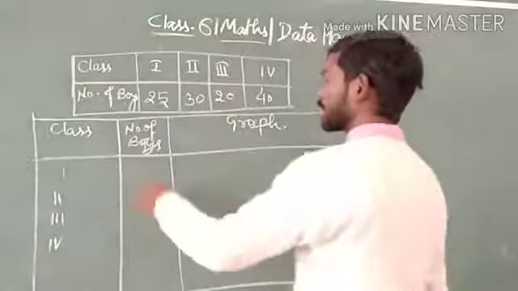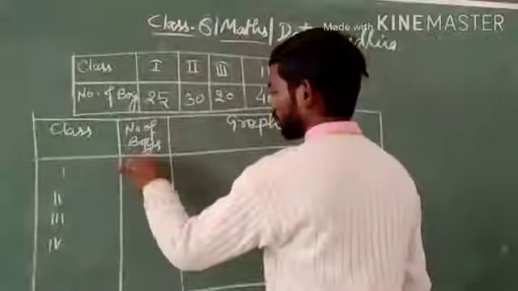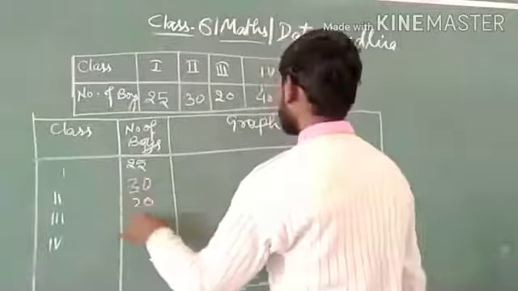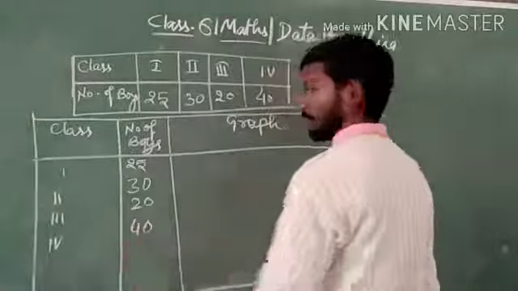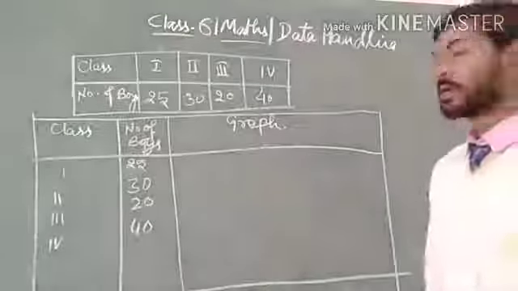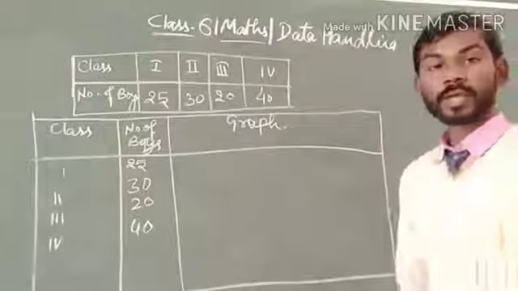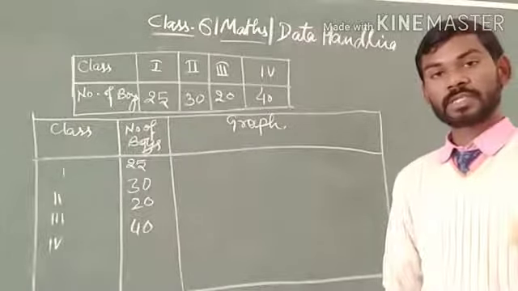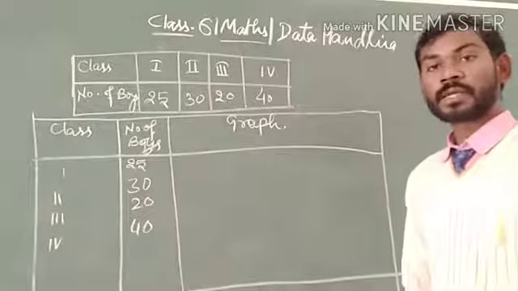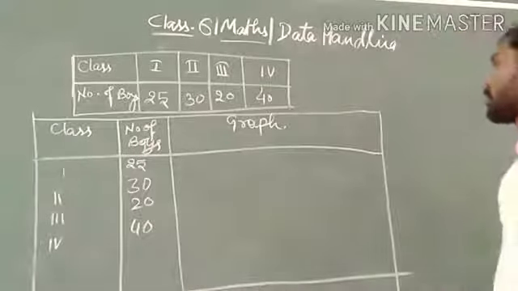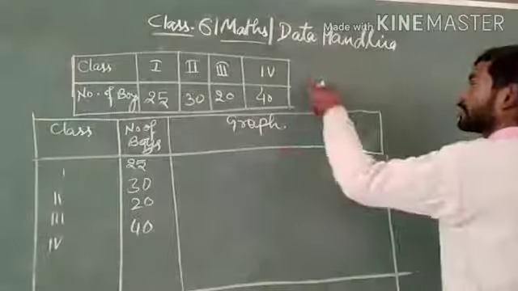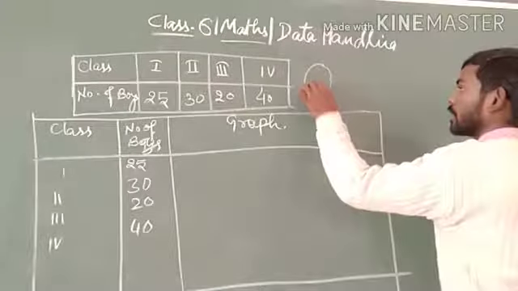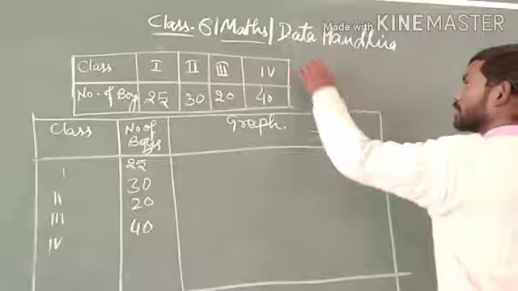In class first the number of students is 25, then 30, 20 and 40. One more thing is to give the reference, meaning which picture you are taking to represent the data and what its scale is. So here I am taking a picture like this.